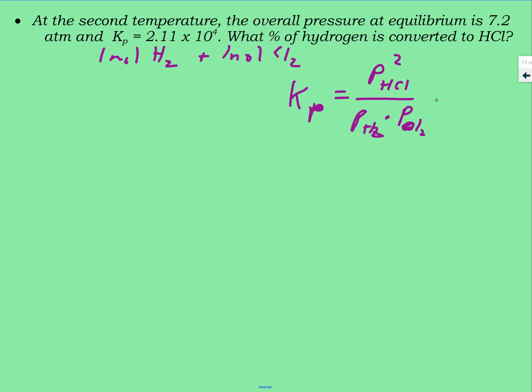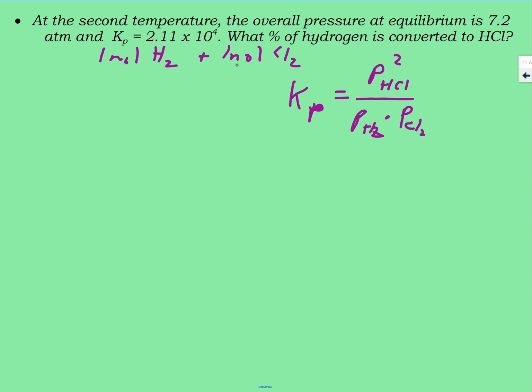That's a Cl2, you just have to believe me. For Kp, they give us the value. Notice our Kp is really large, so we should get a high percentage.